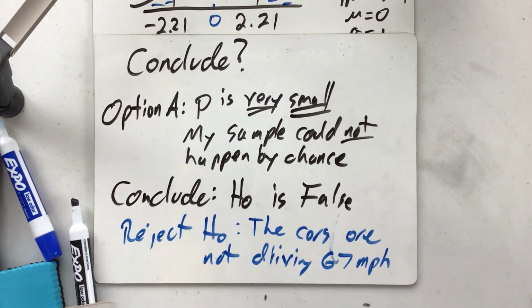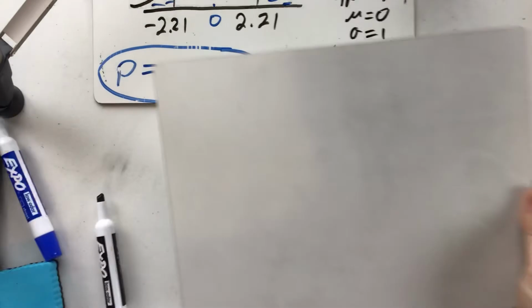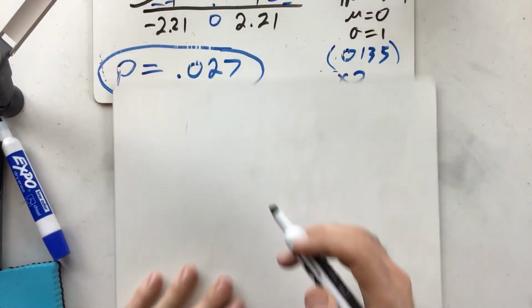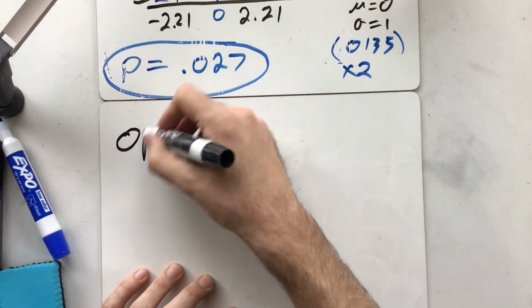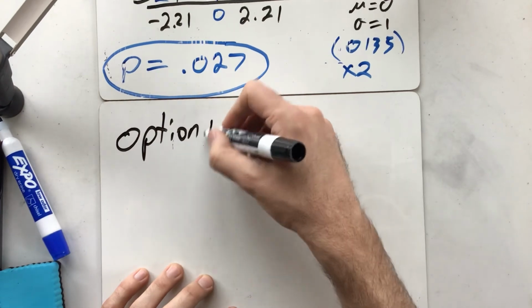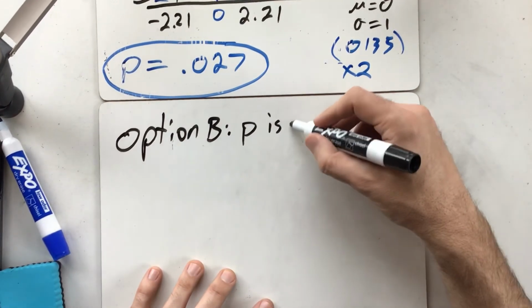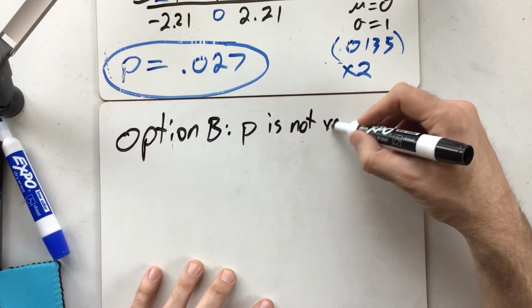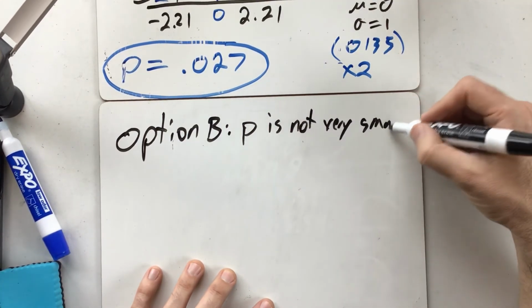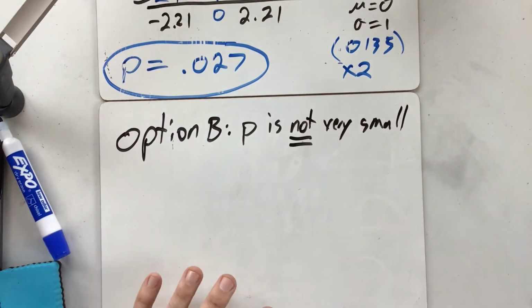But let's look at option B for my conclusion. Option B is that P is not very small.